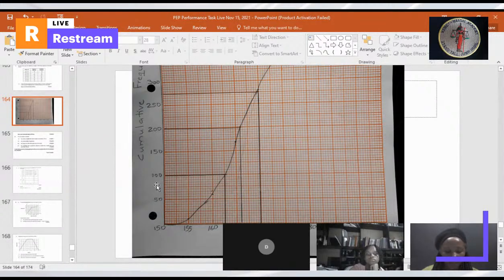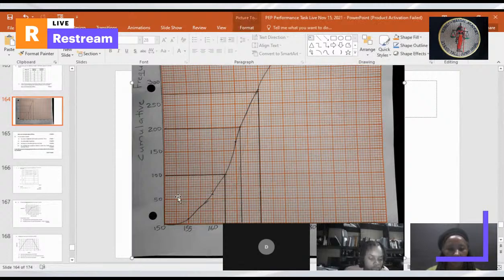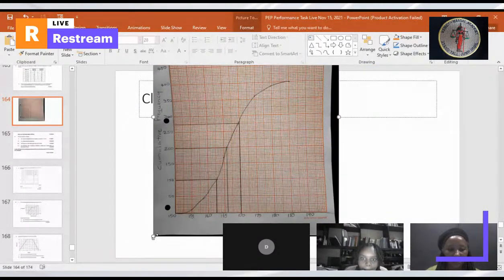And remember, it was 400 applicants in all. So the probability would be 95 over 400, and that cancels down to 19 over 80. All right, so the probability is 19 over 80.